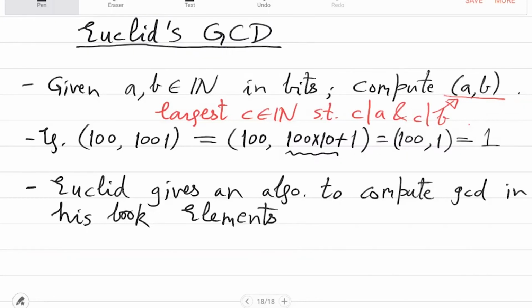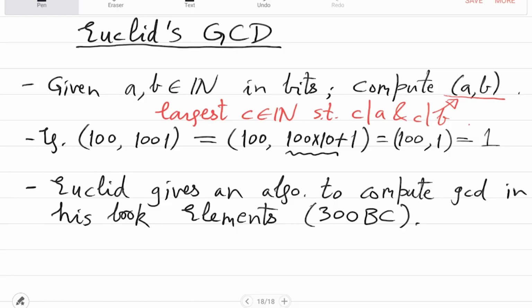This is from 300 BC, and so the algorithm is just a sequence of long division, and it will actually give you more than just GCD. It has some surprising consequences.